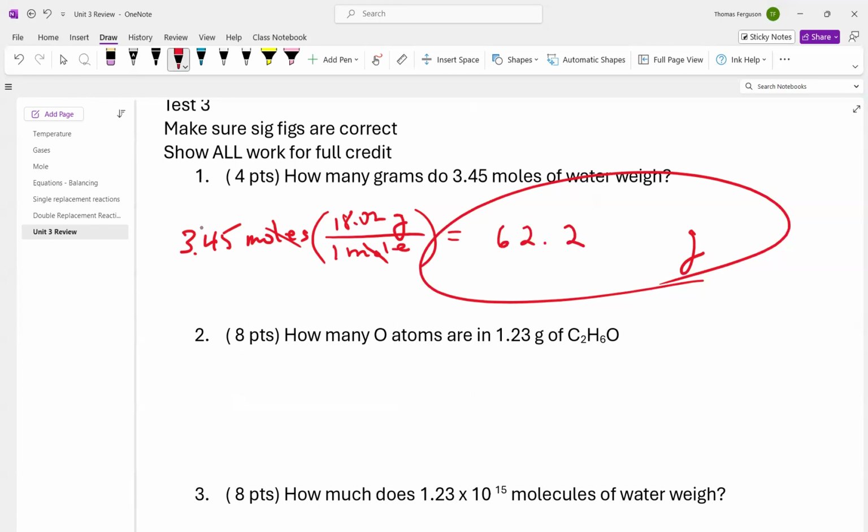Okay, how many oxygen atoms are in 1.23 grams of C2H6O? Now, looking at the formula, if I have one molecule of ethanol, which is drinking alcohol, how many oxygens do I have? What's the ratio of oxygens per molecule?